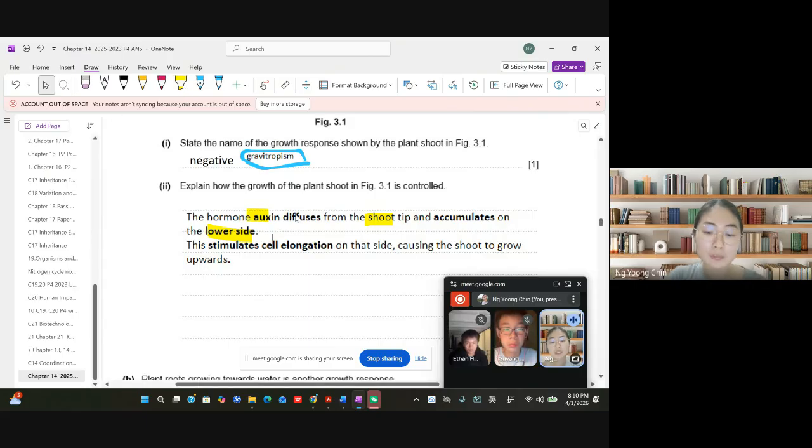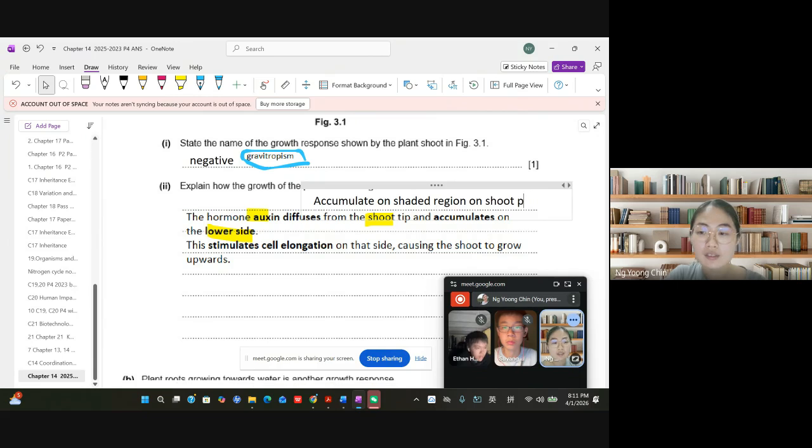They will accumulate on the shaded region of the shoot. So it will stimulate cell elongation. Also remember, the function of auxin is to stimulate cell elongation on the shoot part. So it causes the shoot to grow outwards. Okay, like this.